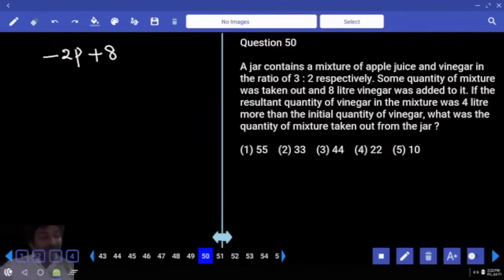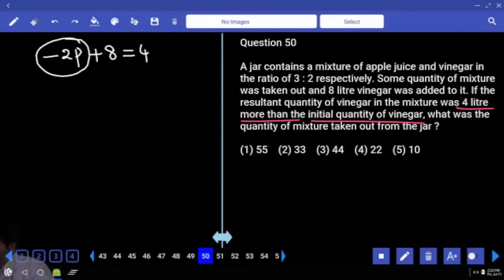Finally, the vinegar quantity is how many liters more than the initial quantity of vinegar? That means this value is equal to 4 liters. What is this 2 parts? In the initial container, or the quantity which we are taking out, or the remaining?